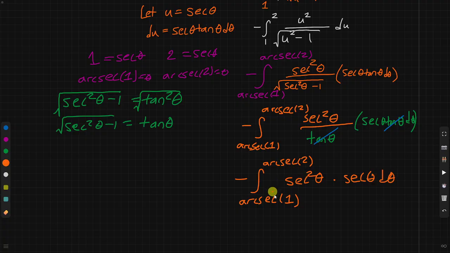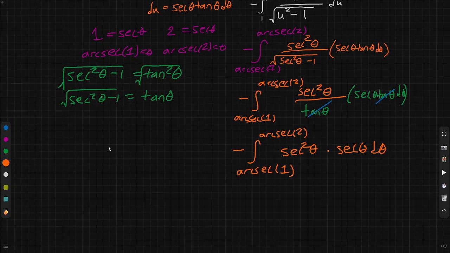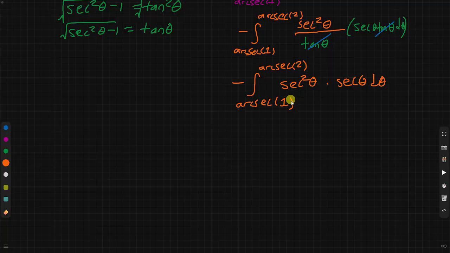Notice how I did not combine them to make secant cubed theta. I did this because we can actually integrate secant squared theta quite easily, and we can differentiate secant theta quite easily. This suggests another integration by parts.